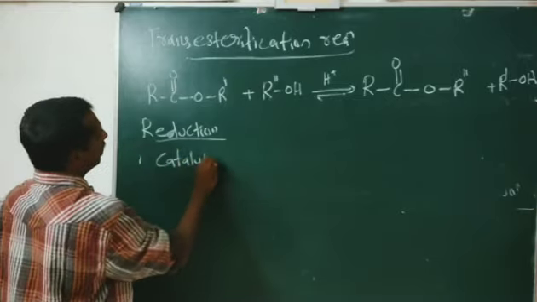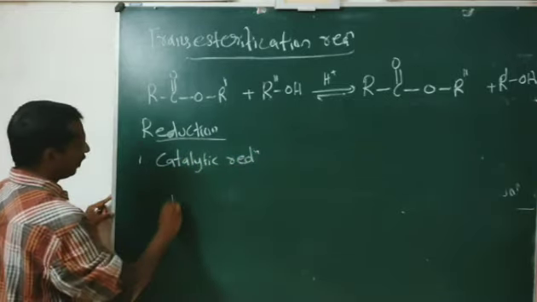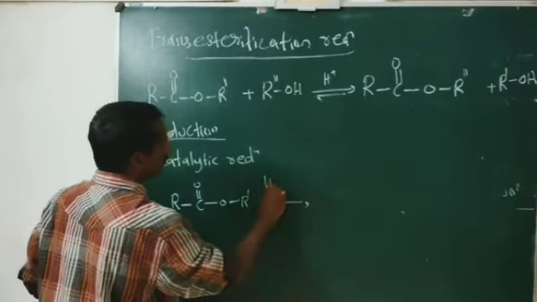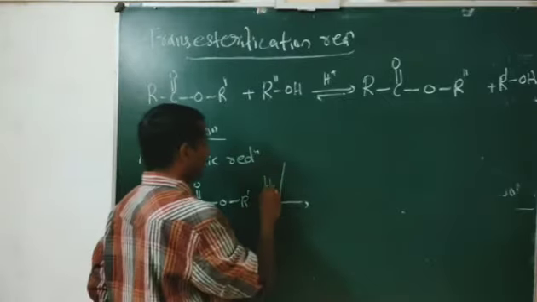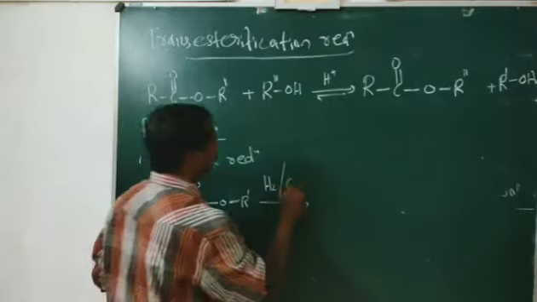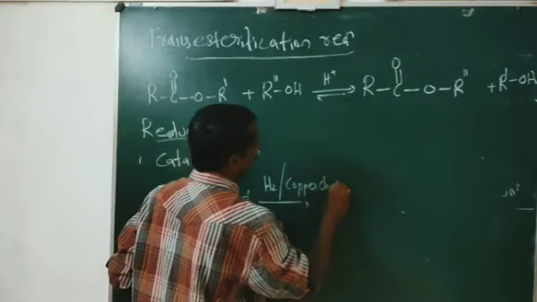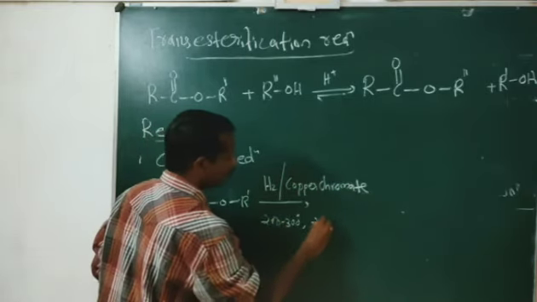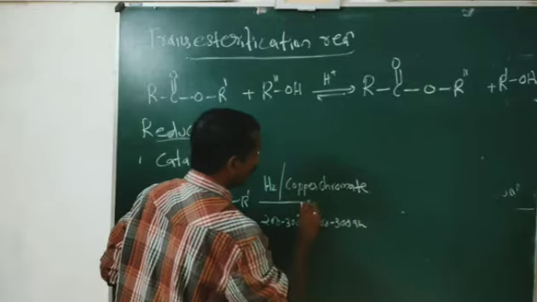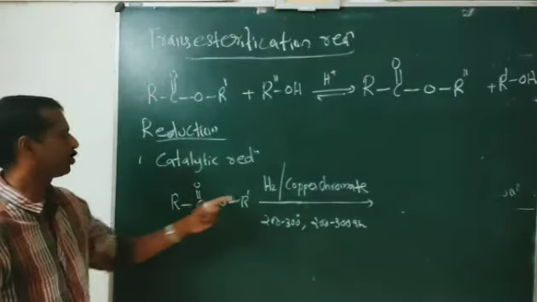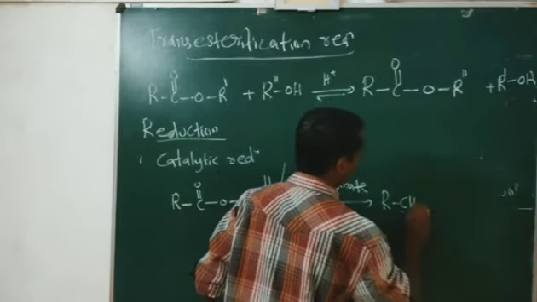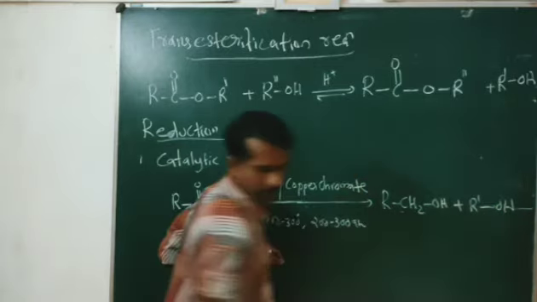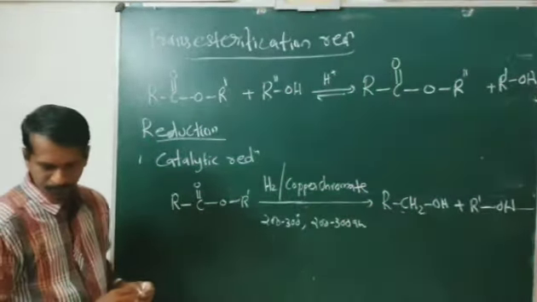Catalytic reduction: when RCOOR' is reduced with hydrogen in presence of copper chromate at 200 to 300 degrees Celsius and at 200 to 300 atm pressure, what will happen? We get RCH2OH plus R'OH.